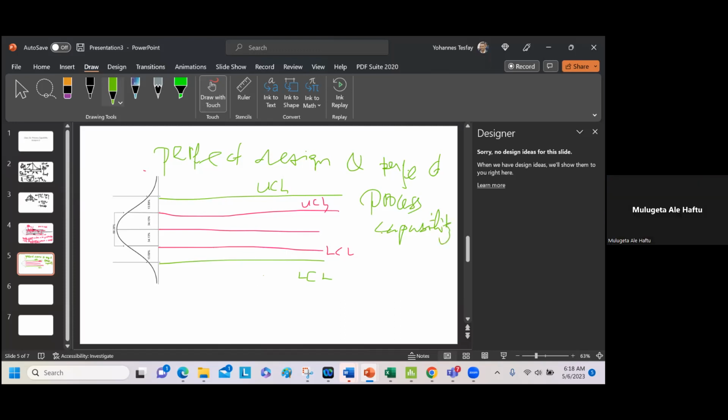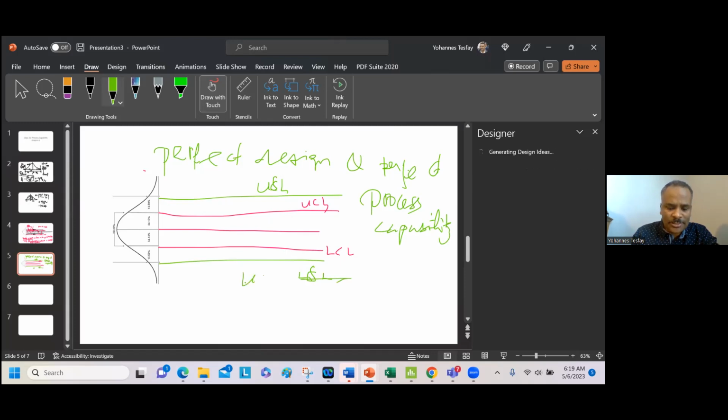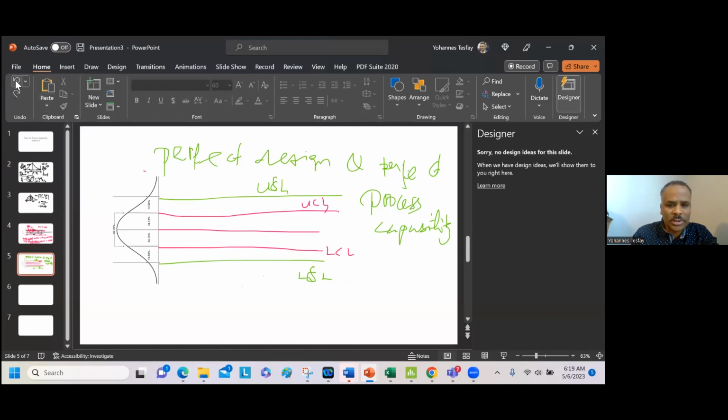Specification, okay, professor. Yeah, this is upper specification limit. So this one is lower specification limit, and this is upper specification limit, not control limit.